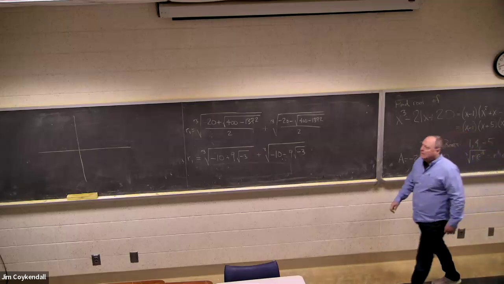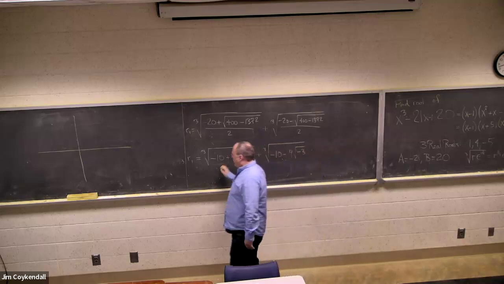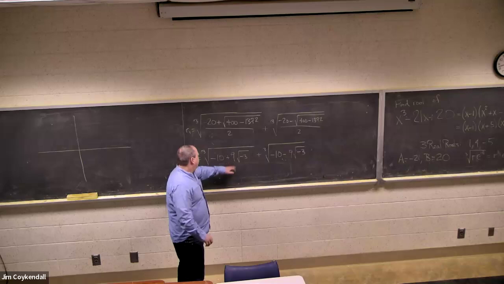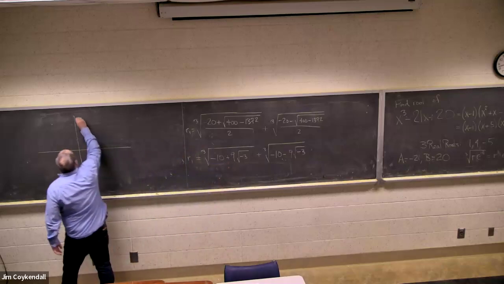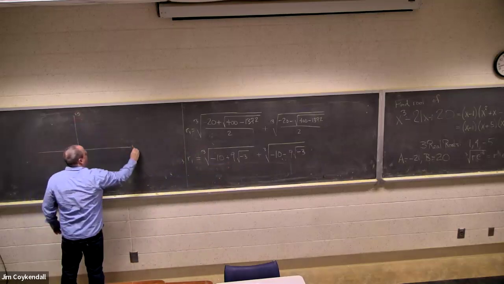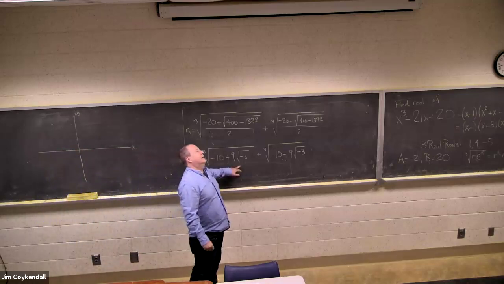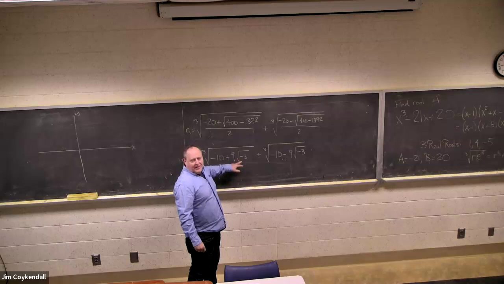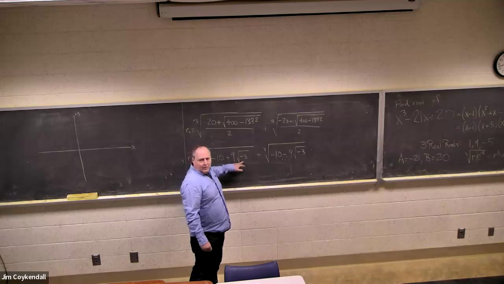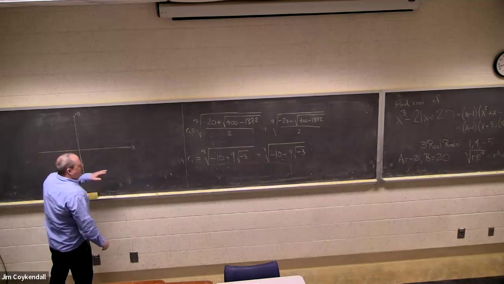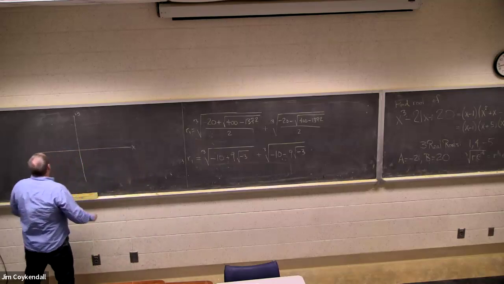Right? So let's look at these numbers here. -10 plus 9 radical -3. So I'm going to call this the iy axis. This is the imaginary axis. This is in the neighborhood of 15, a little bit bigger, that many units up. And so forget the cube root for a moment.